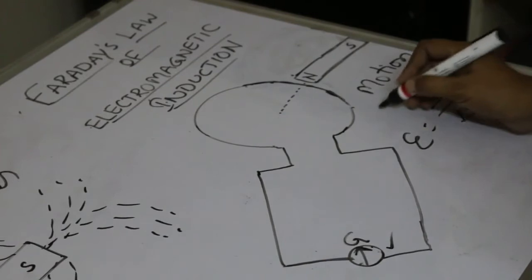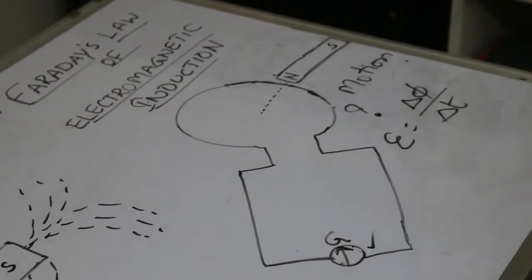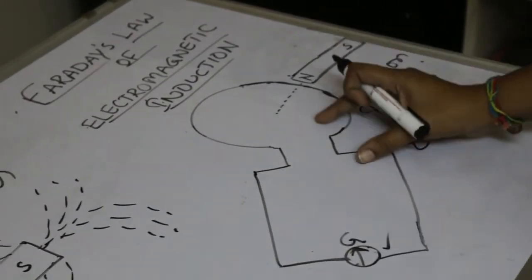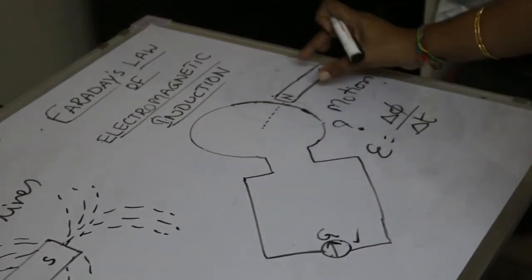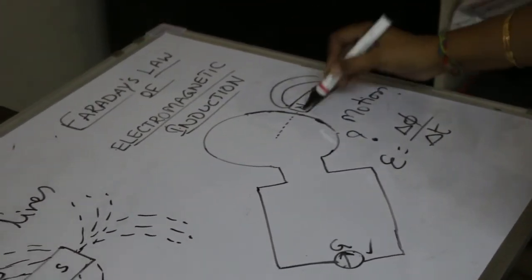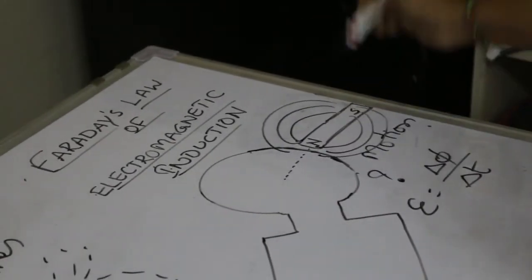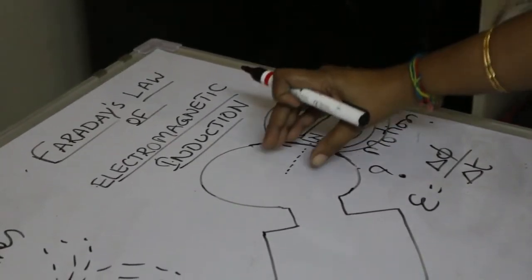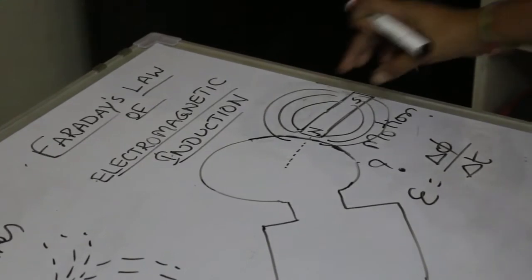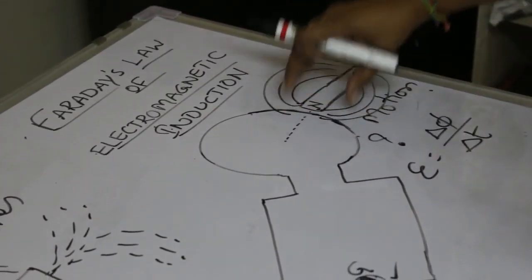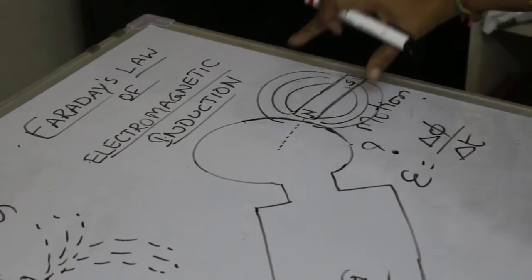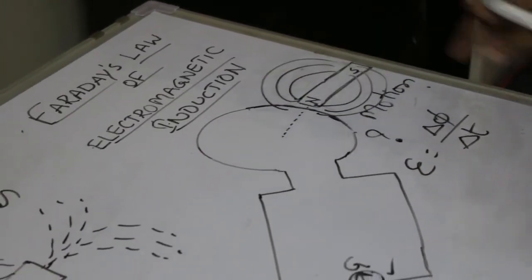Now, what is the reason behind this induced current? Why has current been set up in this coil? While we are moving either coil or magnet, the magnetic field lines which are surrounding this magnet pass through this coil also. When it is very close, more magnetic flux is linking with this coil. When the magnet is taken far away, less magnetic flux is linked with this coil.